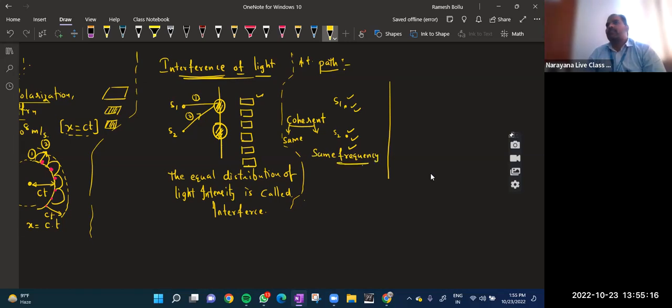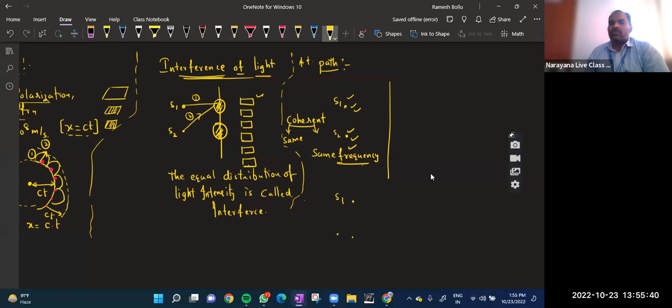Same frequency is called what here, students? Coherent source of light. Maybe exactly the same or maybe slightly different also, no problem. Such types of light sources are called coherent sources of light.